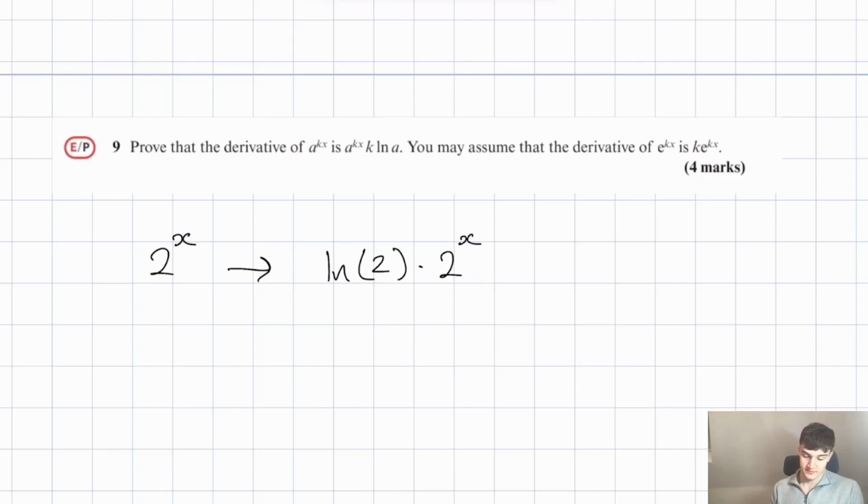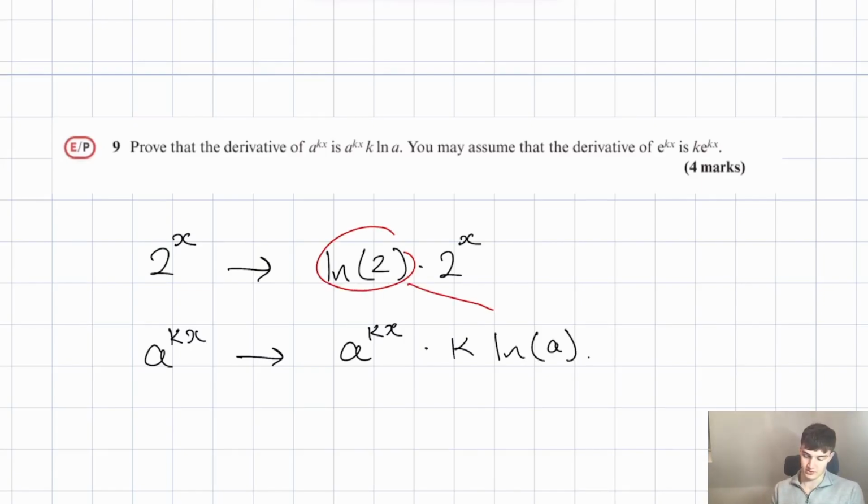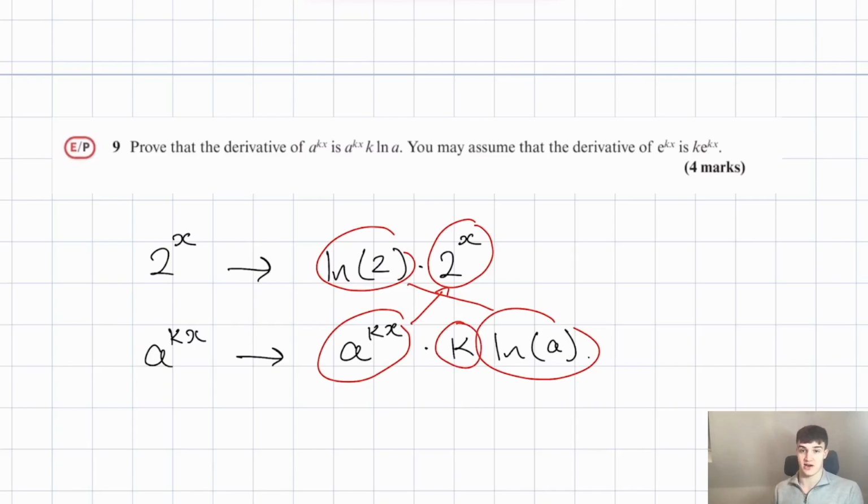So here, it's asking us to show that a to the kx goes to the thing itself, a to the kx, times k times the natural log of a. Very similar, and this corresponds to this, but we obviously have this extra k turning up here, which again will be due to some sort of chain rule happening.